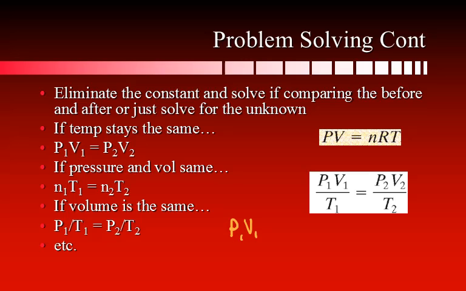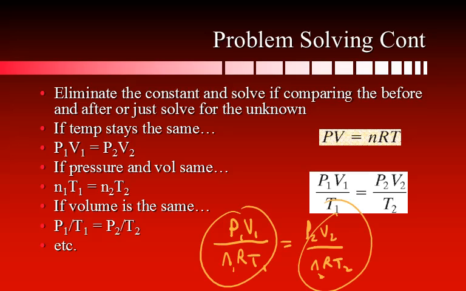So pressure 1, volume 1 over nRT1, and then pressure 2, volume 2, and nRT2. In fact, you could have N1, N2 if the number of moles changes. We've had a lot of practice looking at the ideal gas before and the ideal gas afterwards, but it's good practice to be using that.